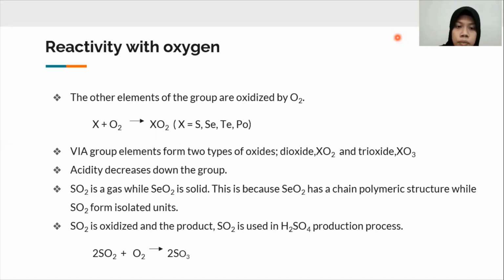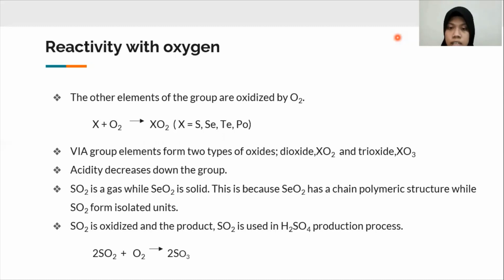Group 6A elements form two types of oxide. First is dioxide, which is SO2, and the second one is trioxide, SO3. Acidity decreases down the group, and sulfur dioxide is a gas, while selenium dioxide is a solid.